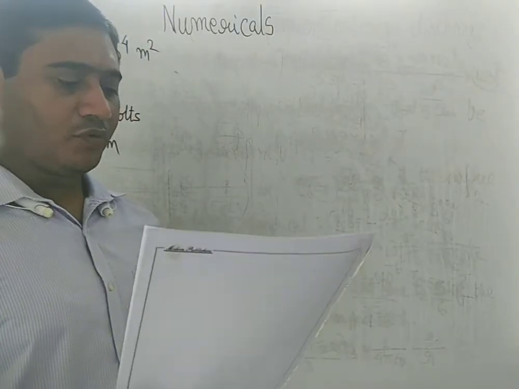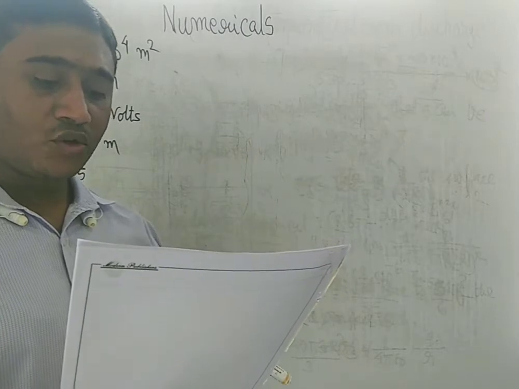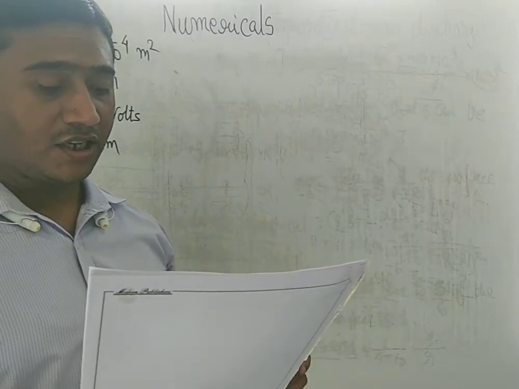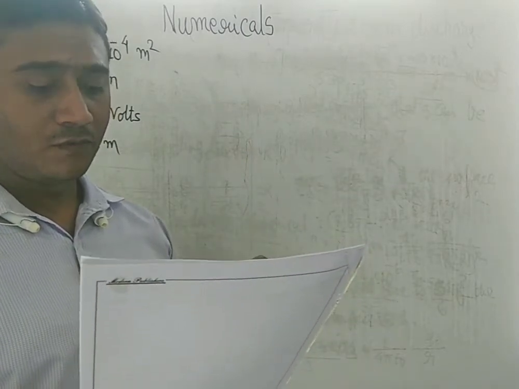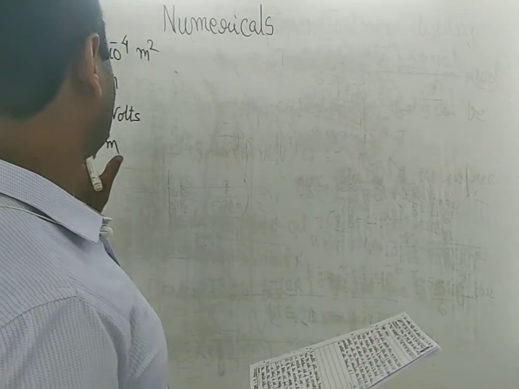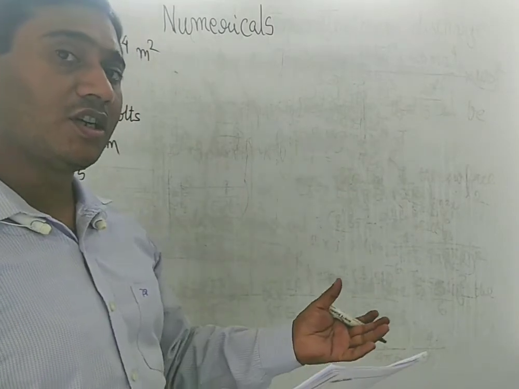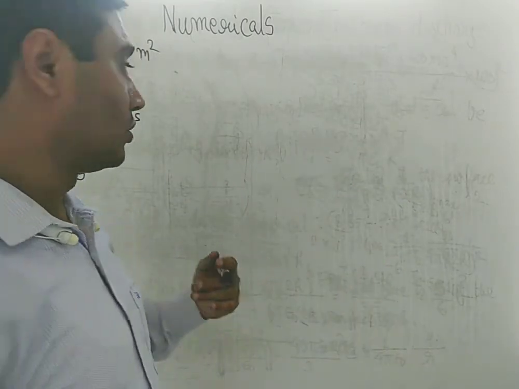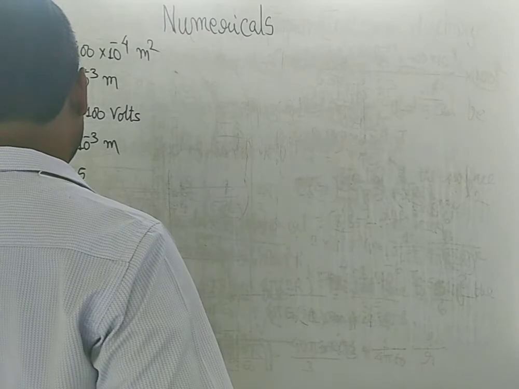Okay, now the second part of the question: if the power supply is now disconnected and the dielectric slab is taken out, find the further increase in energy. So the power supply is disconnected and the dielectric is taken out. Let's calculate the second part.